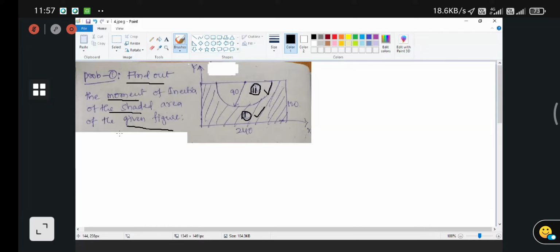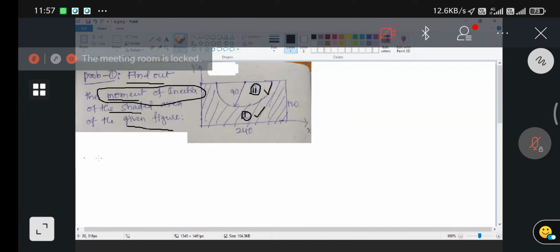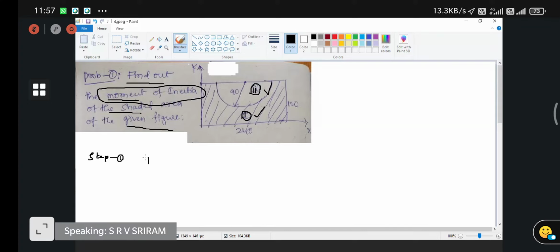But what is my ultimate aim? My ultimate aim is to find the moment of inertia of the cut-out portion. Step one is to find the moment of inertia of the first section about the x axis, which I represent as Ixx1.